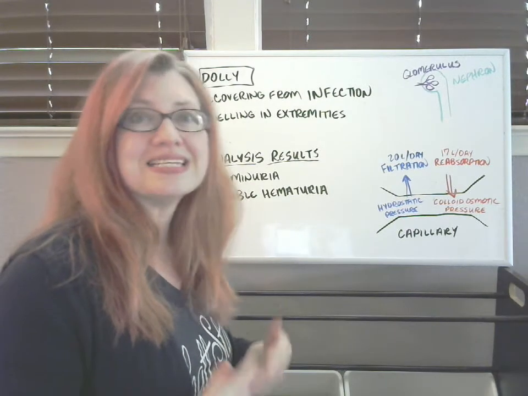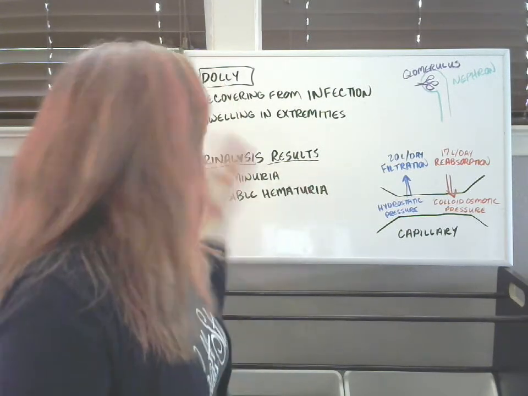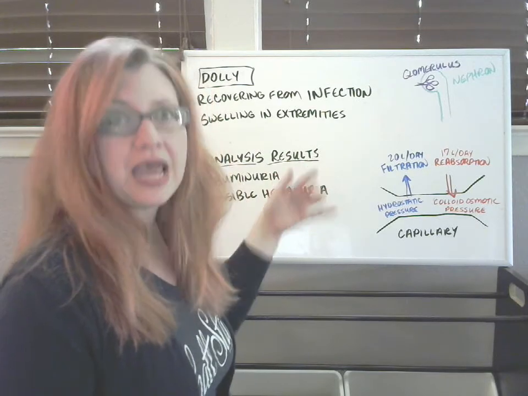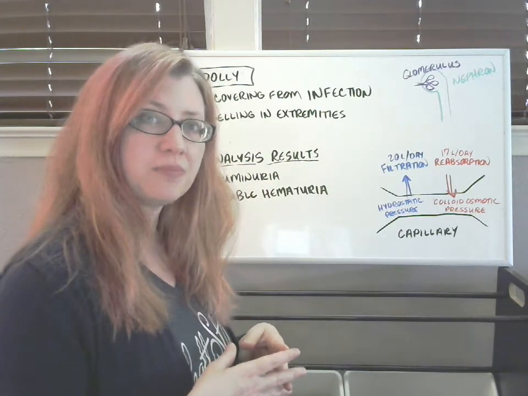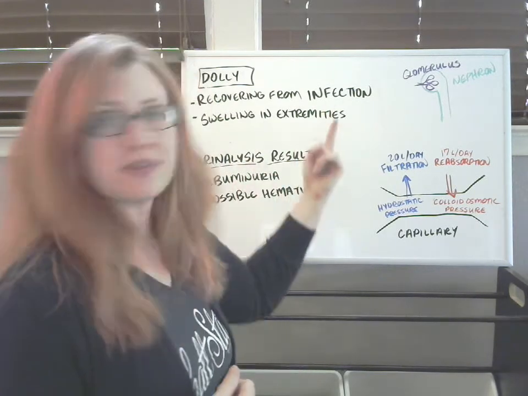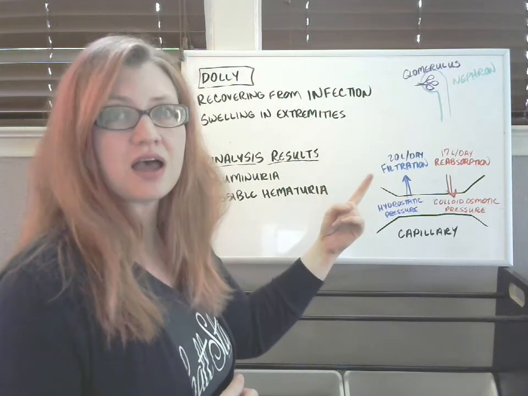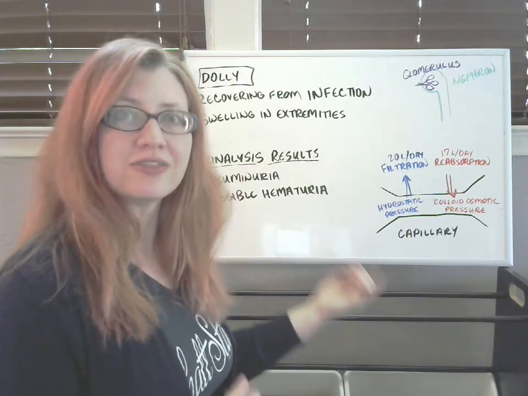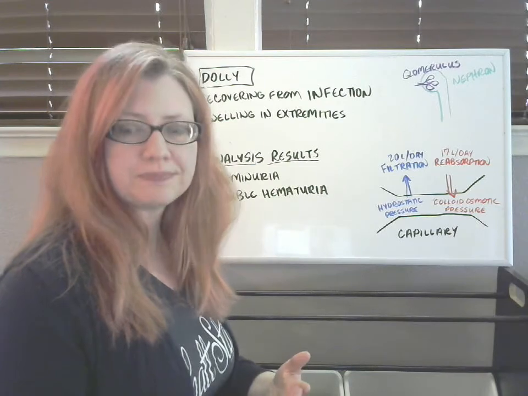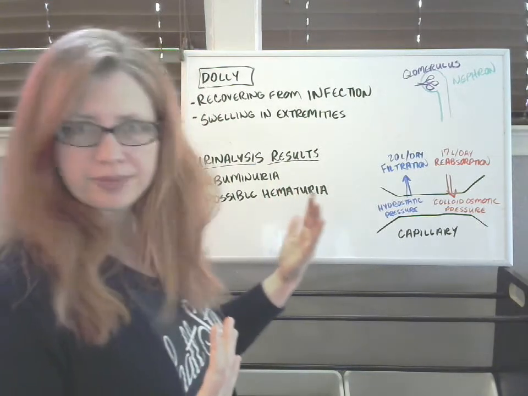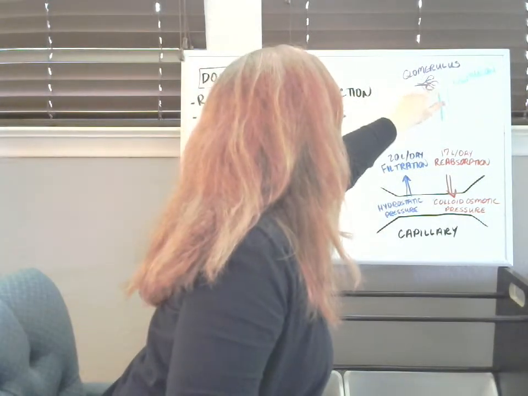So you are going to get damage. Because of the strep infection and the production of these antigen-antibody complexes in the blood, then finding their way to the glomerulus and getting stuck, it caused inflammation at the glomerulus, which damaged it. So you've got a glomerulus now that is injured.